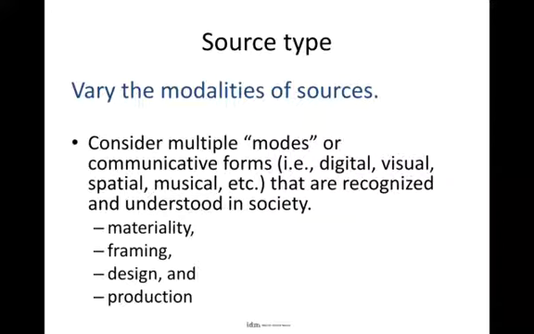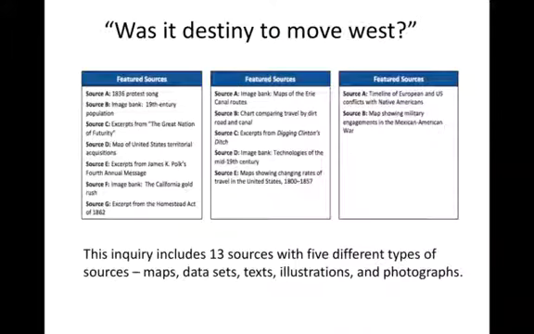Some scholars that work in this area of multimodalities will talk about things like the materiality of the source, the framing of the source, the design and production of the source. So these are all things to keep in mind. Okay, so the next idea is about a source. In this inquiry, there are 13 sources, and each one of these sources is just a little bit different.